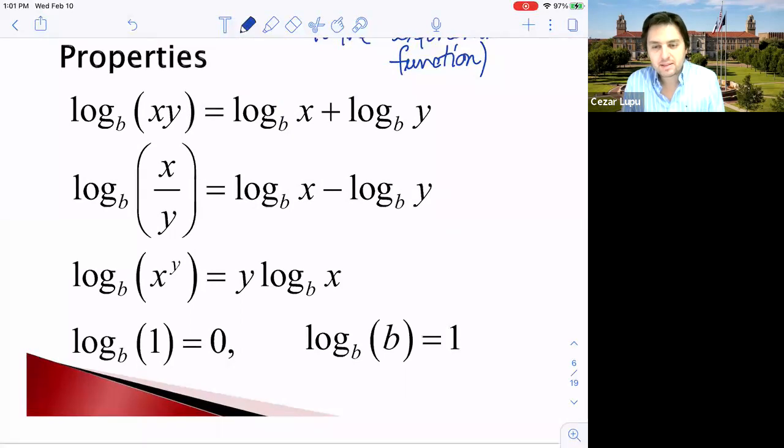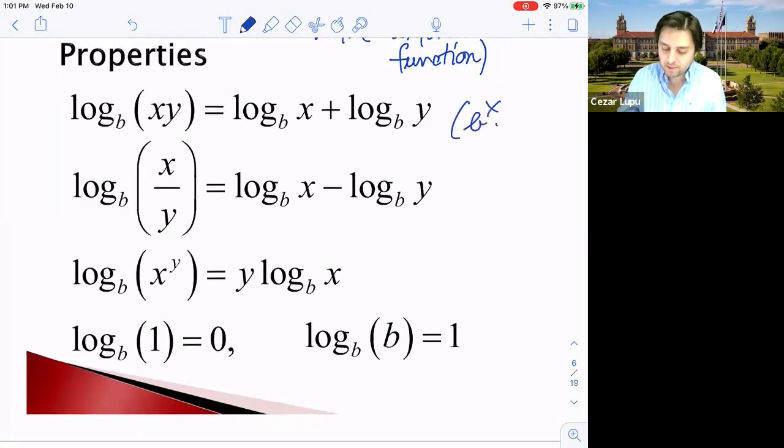Remember, the exponential was b to the x times b to the y. So it will take a product and will transform it into a sum.